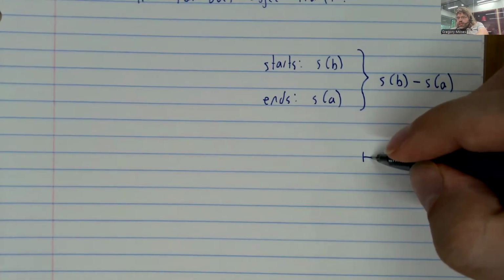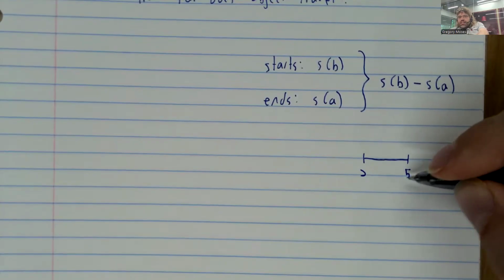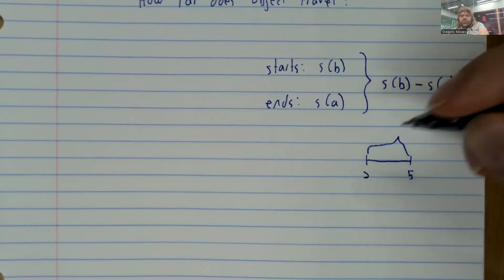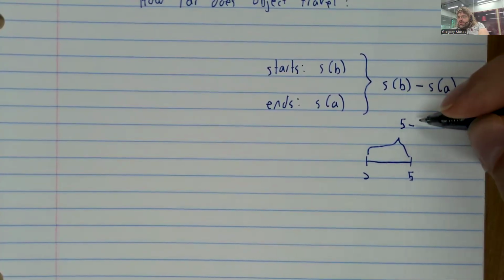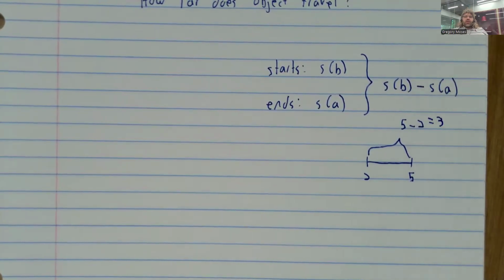I mean, if the object starts at 2 and it ends at 5, then how many units of distance did it travel? 5 minus 2 equals 3 units of distance.